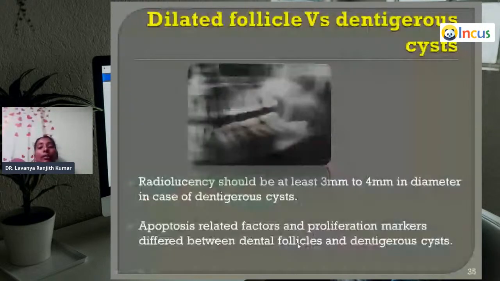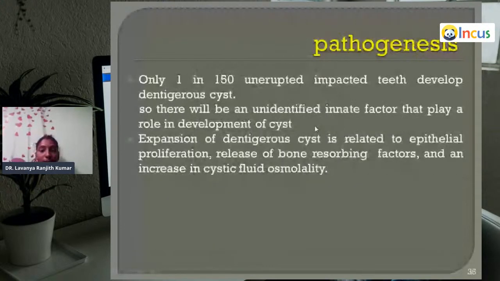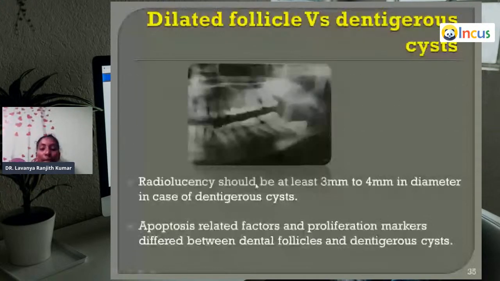Dental follicle versus dentigerous cyst. With the radiograph, we have to identify whether it's a dilated dental follicle or a dentigerous cyst. The radiolucency should be at least 3 mm to 4 mm in diameter in the case of a dentigerous cyst. Apoptosis-related factors and proliferation markers also differ between dental follicle and dentigerous cyst. These are the two differences to identify it.